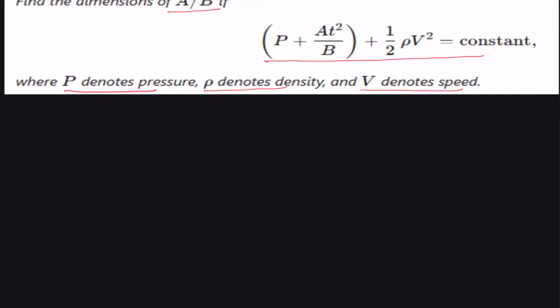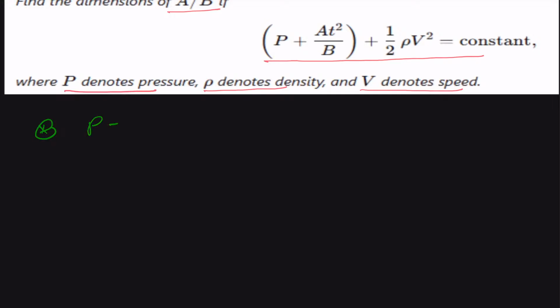The next question states: find the dimensions of A upon B if this equation is equal to a constant, where P is the pressure, rho is the density, and V denotes the speed. First of all, let's write the dimensions of the known quantities.